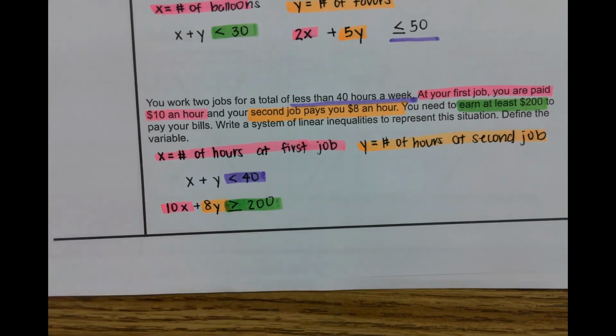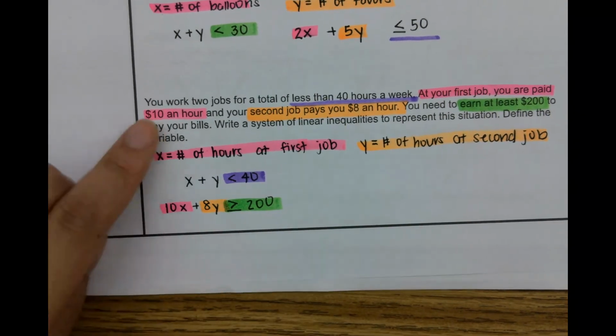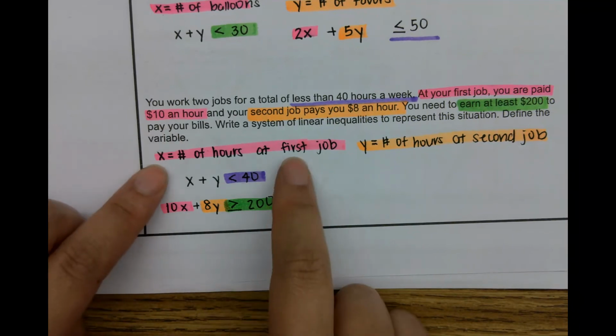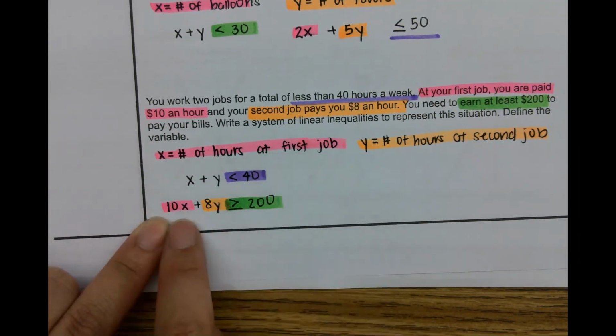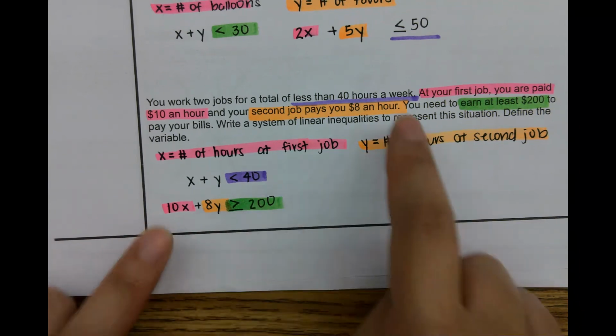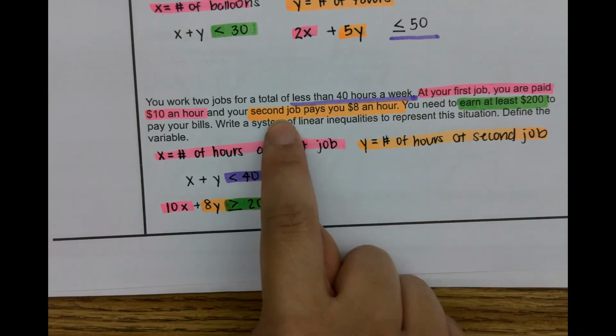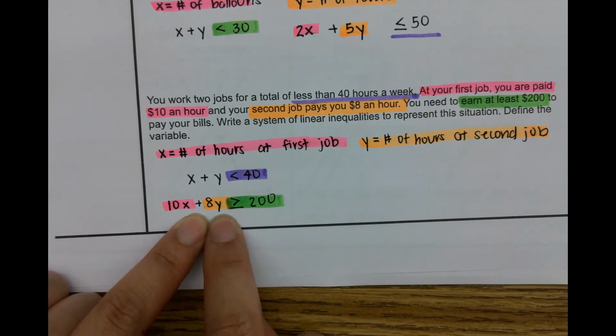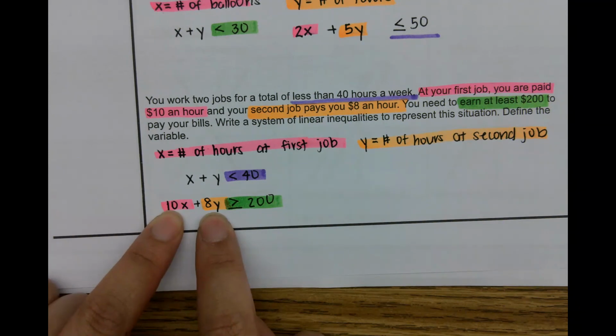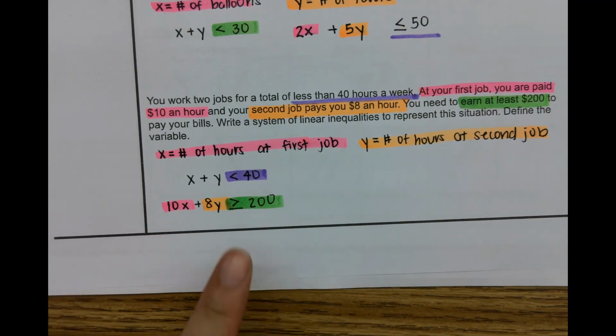Okay? So how much money are we making? We're making $10 an hour at our first job, so that's why it's 10x, since x is hours at our first job. 10x will give me how much money I earned there. And since we're earning $8 at our second job, 8 times y will give us how much we're earning at our second job. And that totals to be at least 200, so that means it has to be greater than or equal to 200.